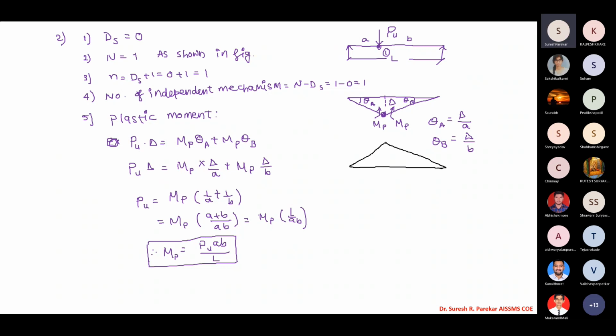We are going to write it as MP over here. जिथं हिंज आहे तिथे तुमचं MP येणार आहे.